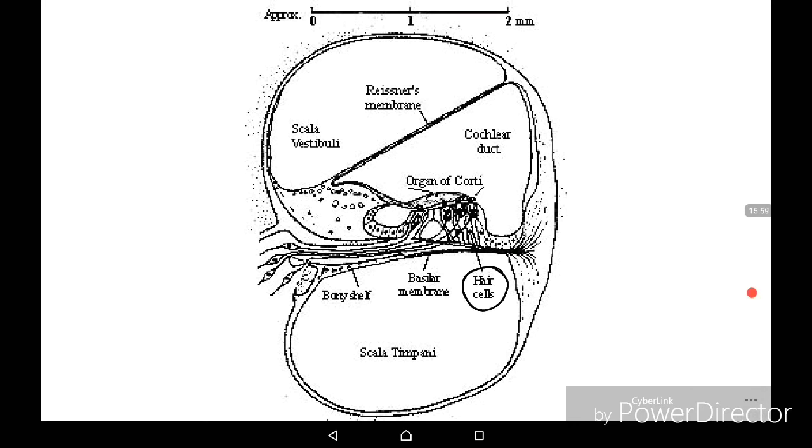This is an enlarged picture of the organ of Corti. We have hair cells here, and the special hair cells are mechanoreceptors, which do produce the acoustic nerve.